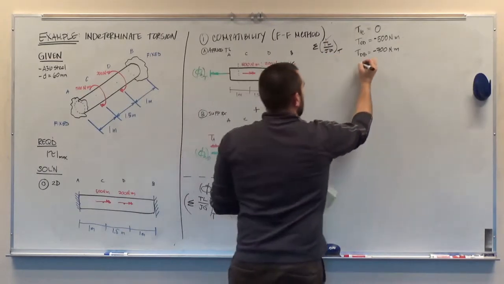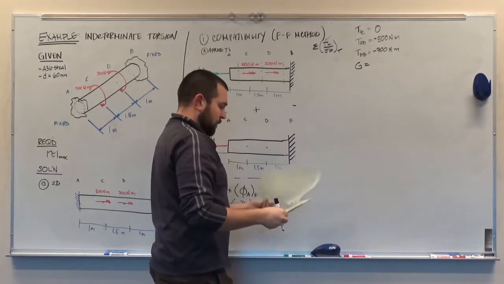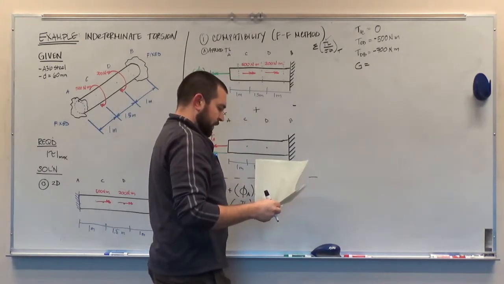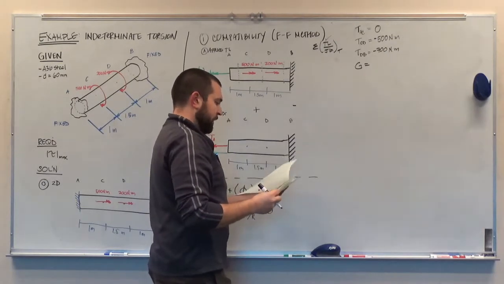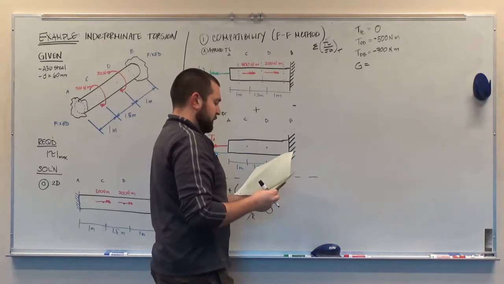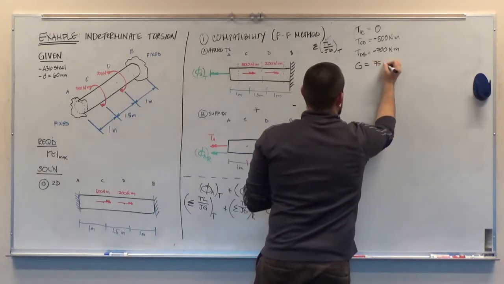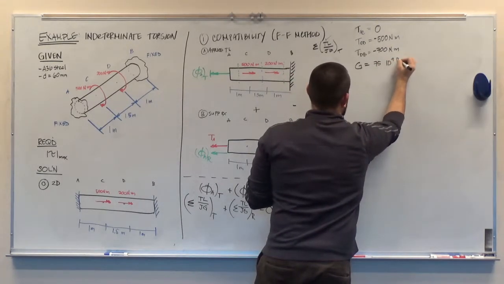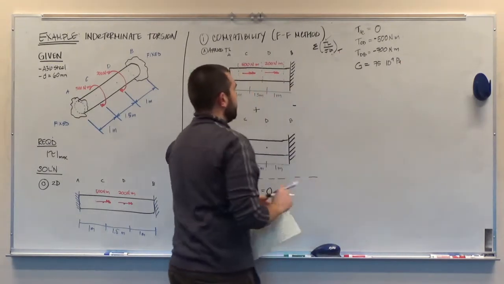I would look in the back of my book to find what the shear modulus is. And I believe in this case our shear modulus is 75 gigapascals for A36 steel. So that's 75 times 10 to the 9th pascals. So we have G, that's taken care of.